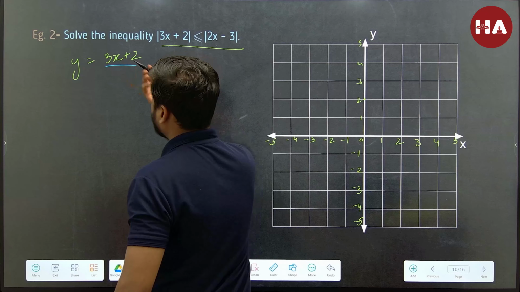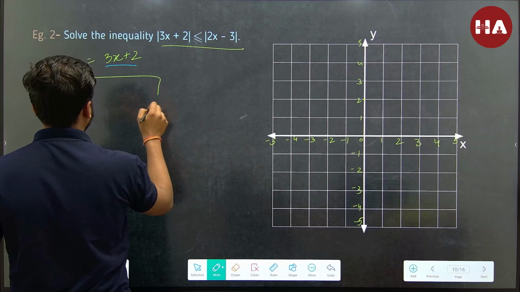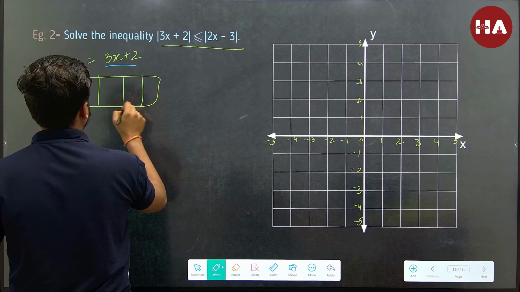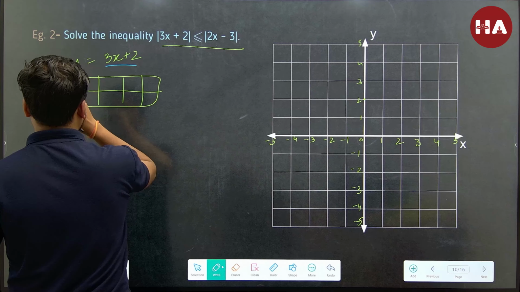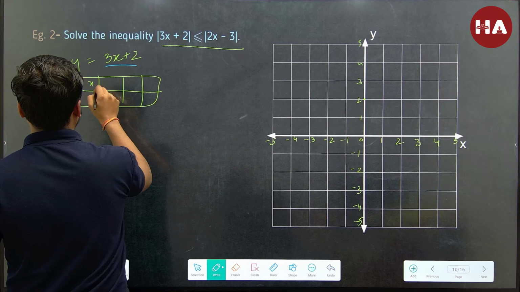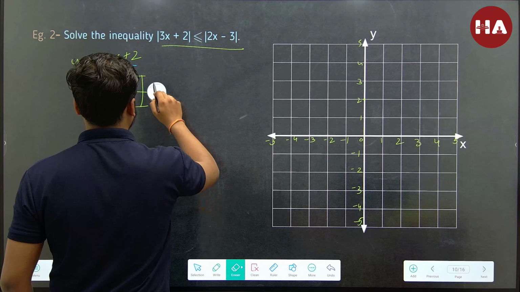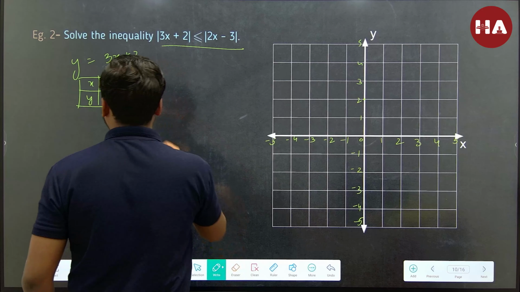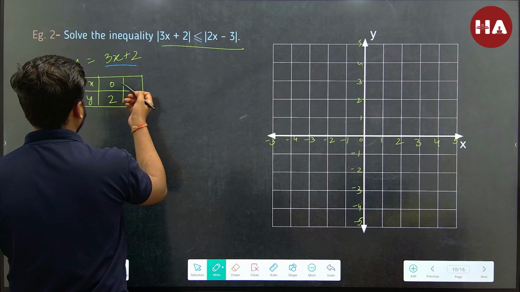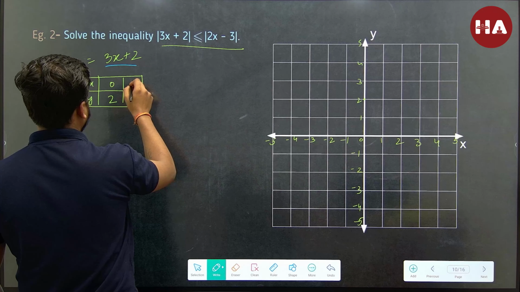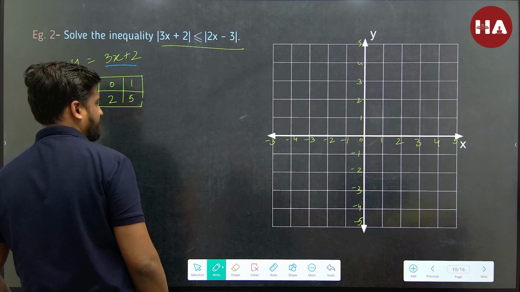If you want to draw the proper graph, just draw the table, x and y. So not 3, we need only 2. So when x is 0, y is 2. When x is 1, y is 5.